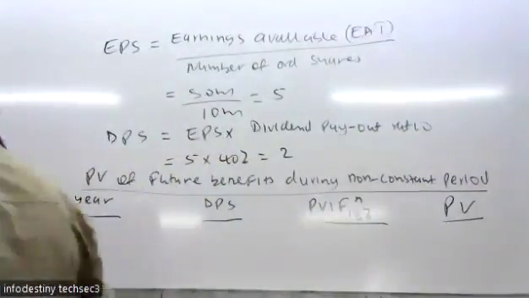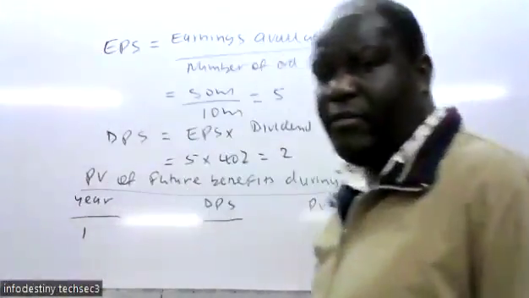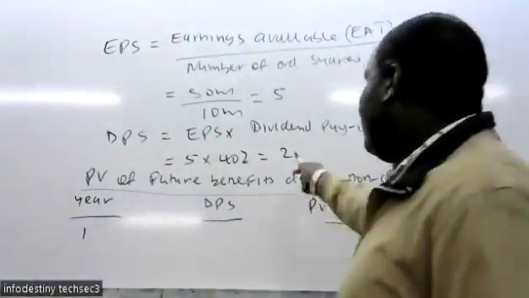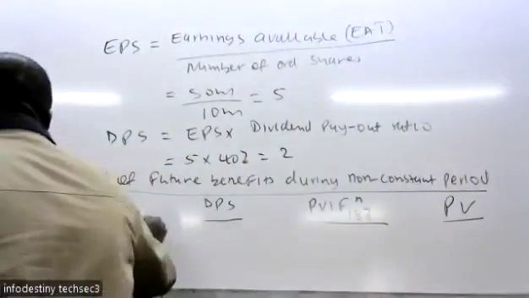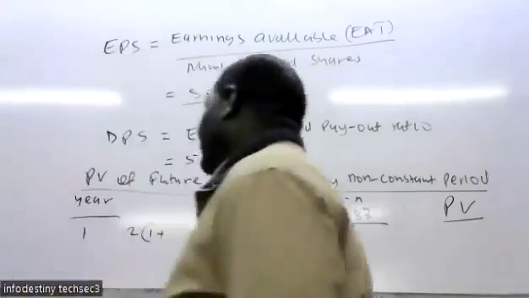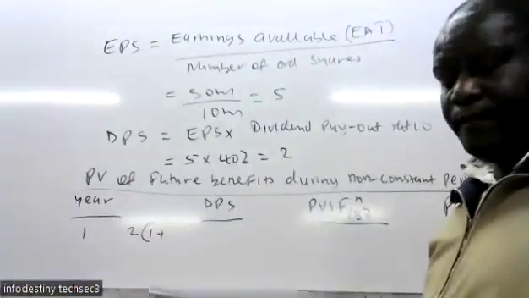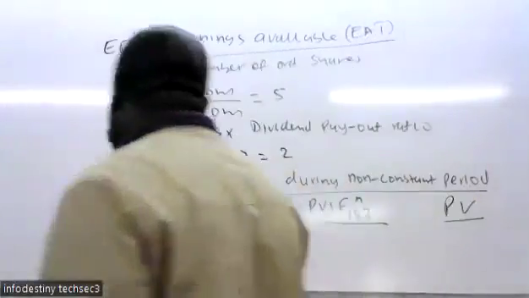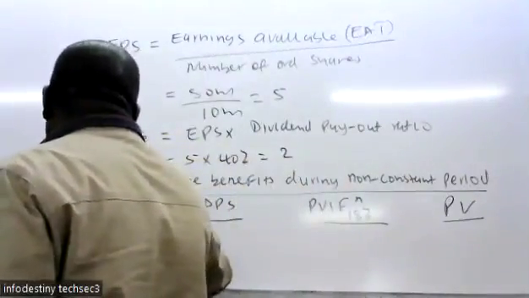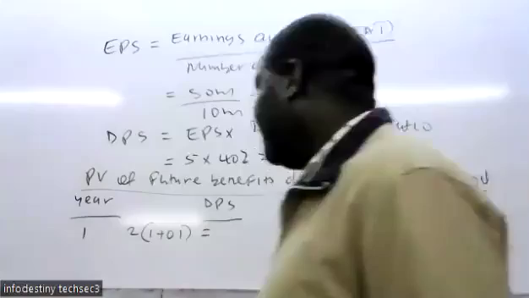So we start off with year 1. Year 1, you take the 2, but the first 3 years it is growing at what percent? 10%. So when we increase that by 10%, it will give us 2.2.